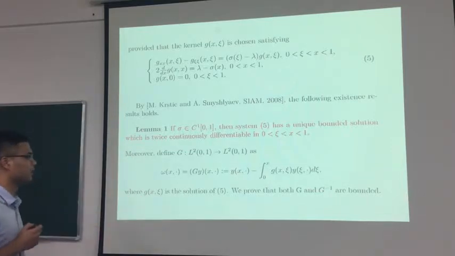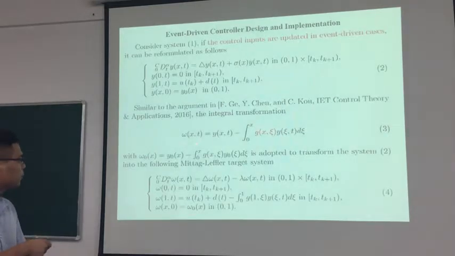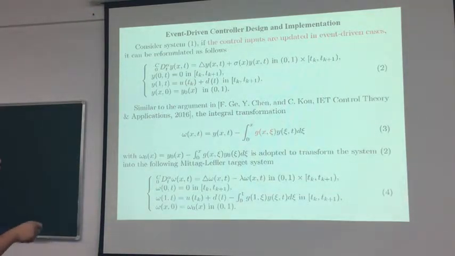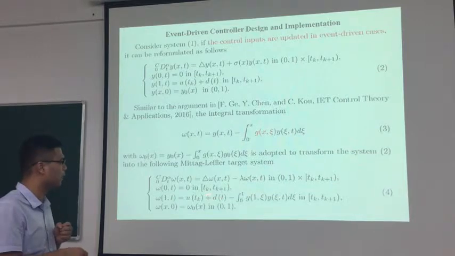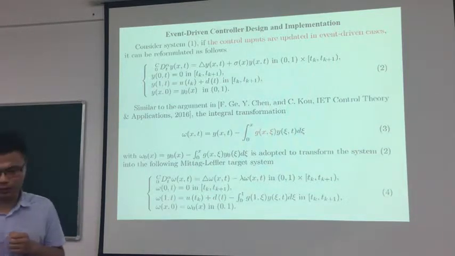So with this, we can obtain that this integral transform exists and is bounded, and its inverse is also bounded. Then we can say that those two systems are equivalent. So if this system is Mittag-Leffler stable, then this is also Mittag-Leffler stable.